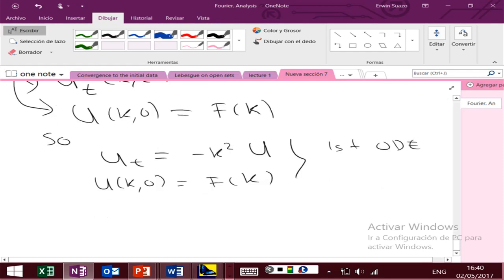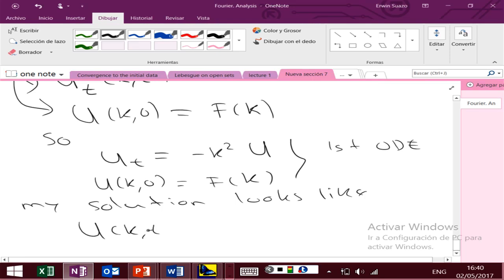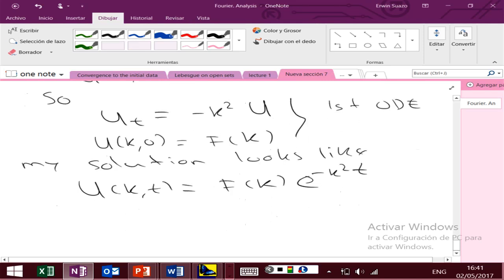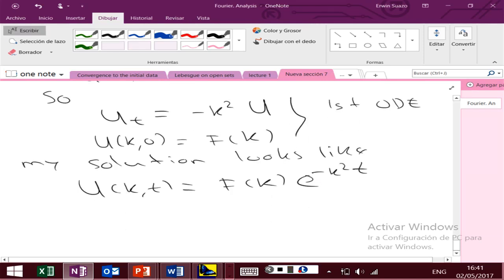Using ordinary differential equations, my solution looks like U(k,t) equals F(k) e to the minus k squared t. So far I haven't done anything today, I just recalled what we did last time.